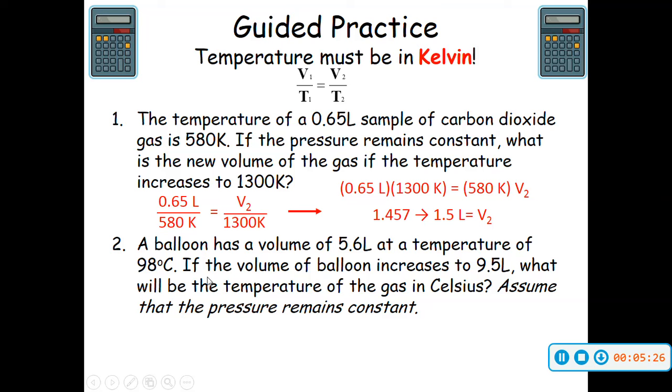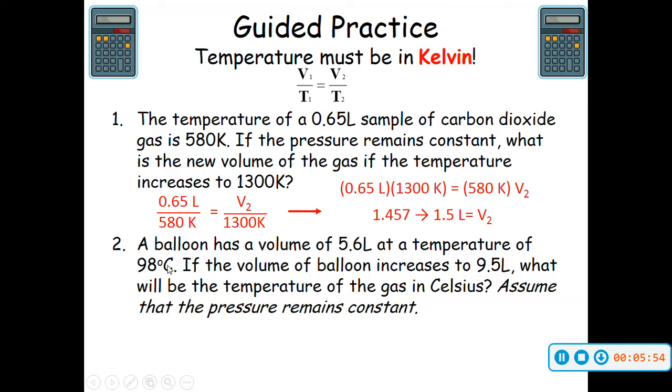But if not, number 2: a balloon has a volume of 5.6 liters at a temperature of 98 degrees Celsius. If the volume of the balloon increases to 9.5 liters, what will be the temperature of the gas in Celsius? Assume that the pressure remains constant.